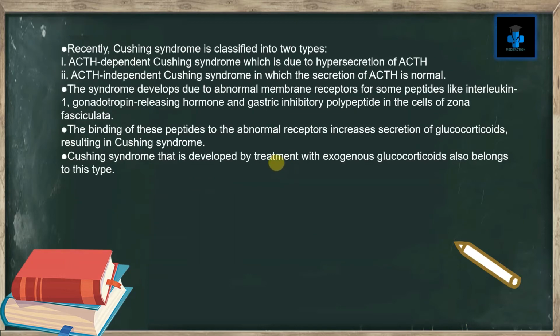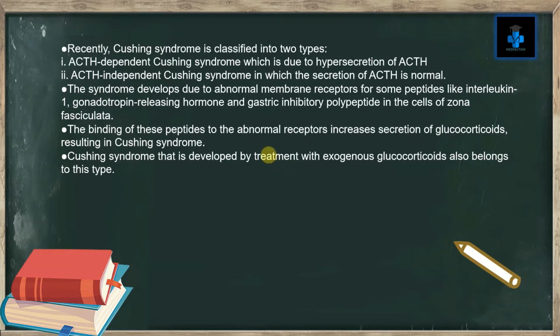Recently, Cushing syndrome is classified into two types. Number 1, ACTH-dependent Cushing syndrome, which is due to hypersecretion of ACTH. Number 2, ACTH-independent Cushing syndrome, in which the secretion of ACTH is normal.